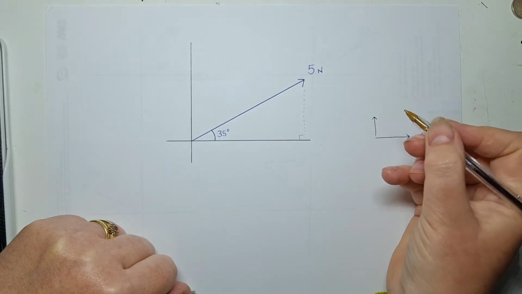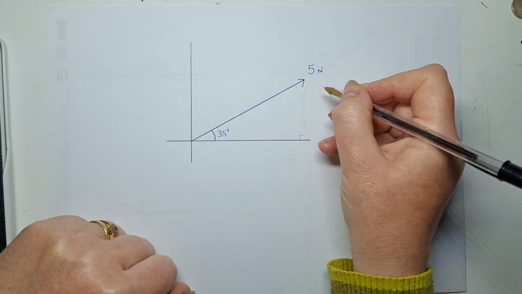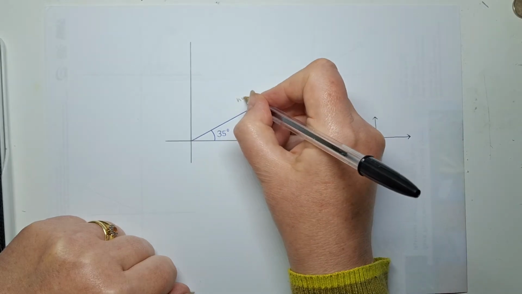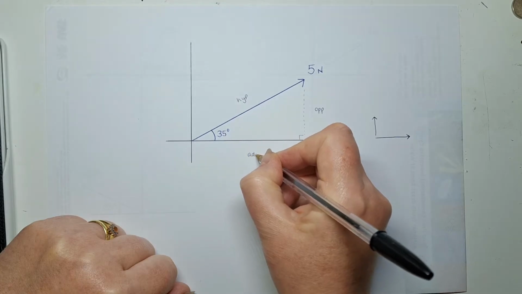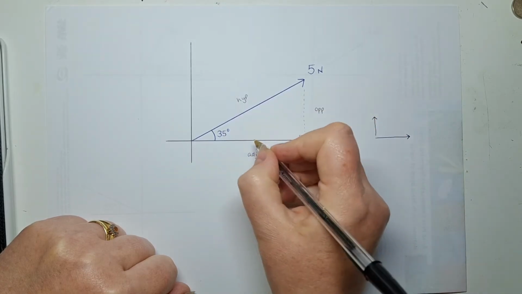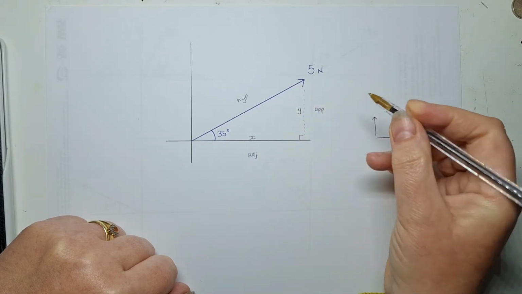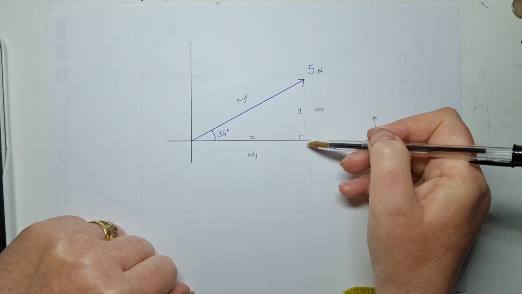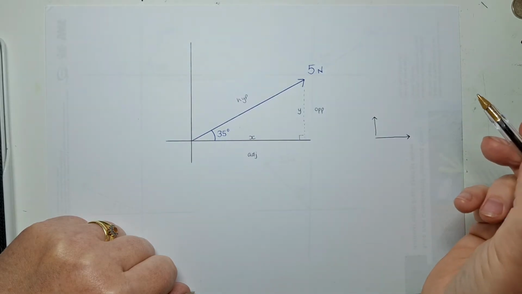And then if we think about our normal trig, SOHCAHTOA, we've got our hypotenuse, our opposite, and our adjacent. So if I call the x and the y the two sides of the right angle triangle, then we can use trig to work out the x and the y.